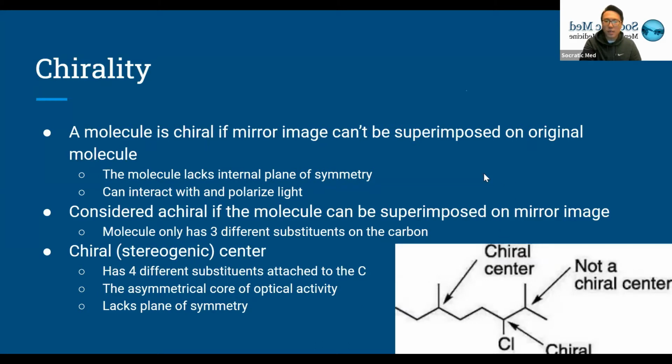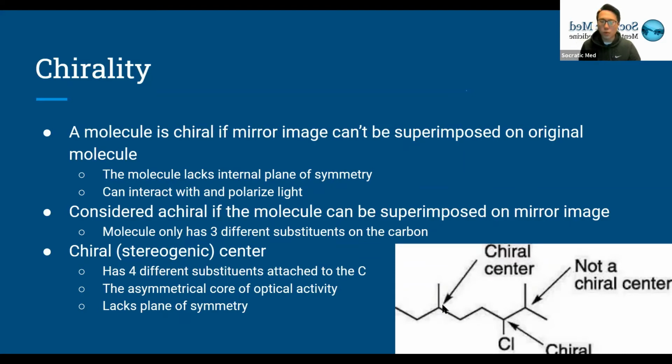So if you see the figure on the right, the ones with a chiral center have 4 different substituents bonded to it. So for this left chiral center, you can see that it has 3 different chains attached to it, and then you can assume there's a 4th bond to a hydrogen.